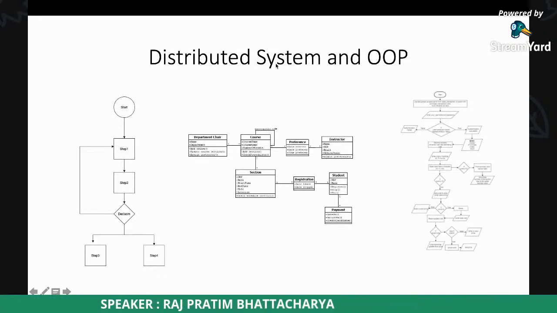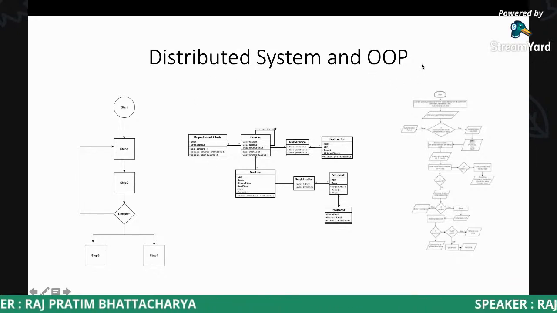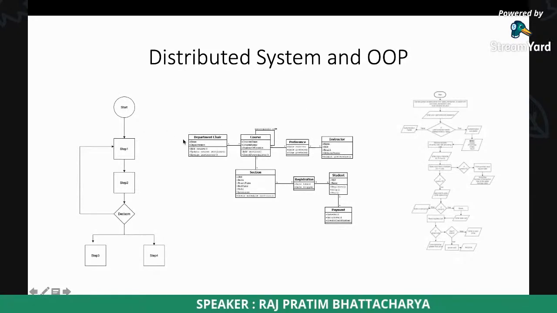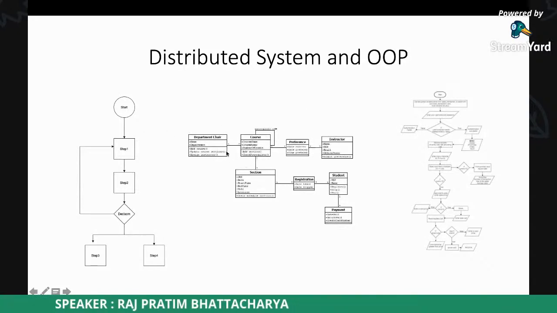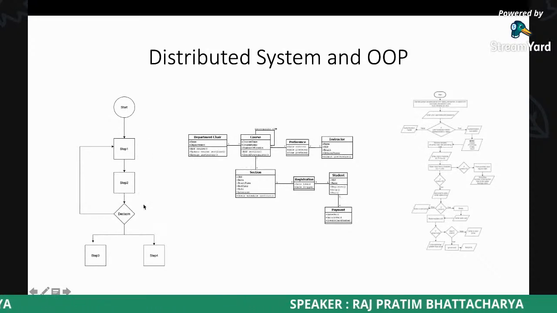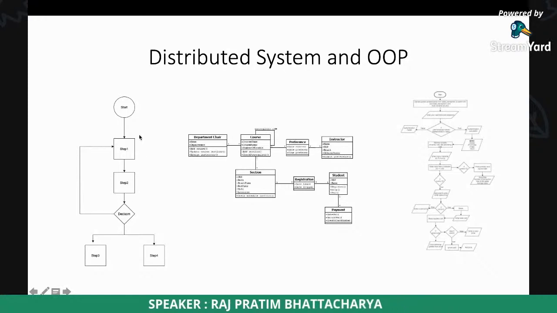So it's very easy to convert an object-oriented program into a program running on a distributed system. Each of those interacting classes becomes a step of the distributed system graph.